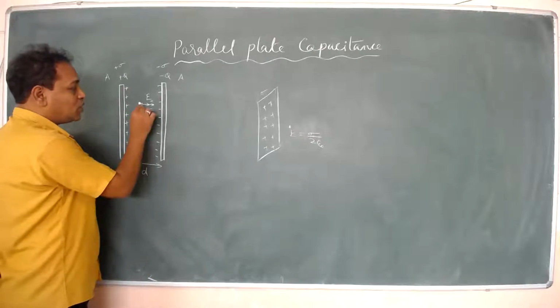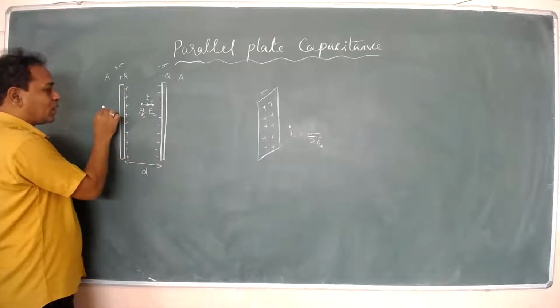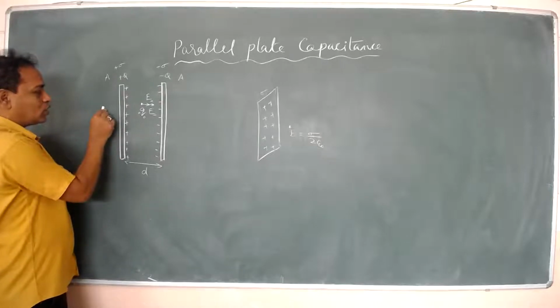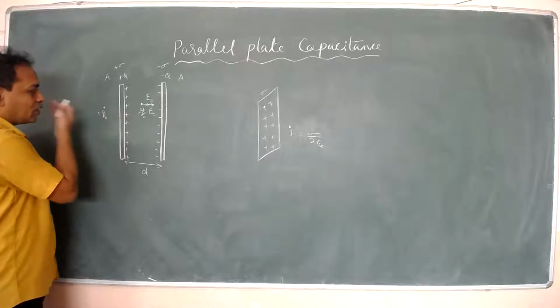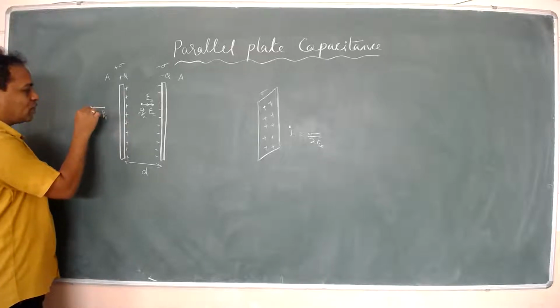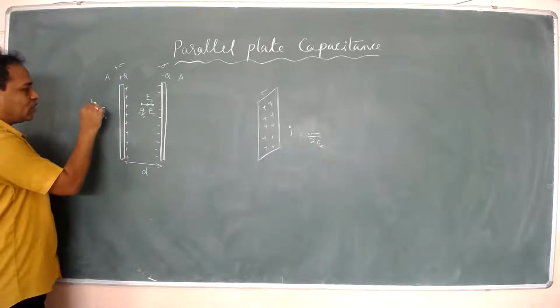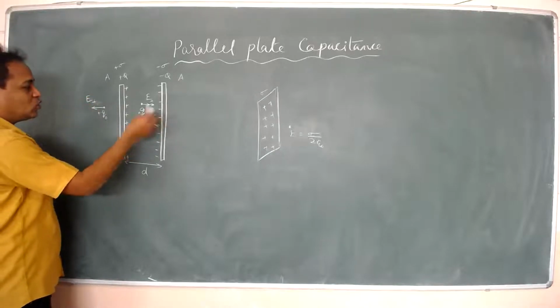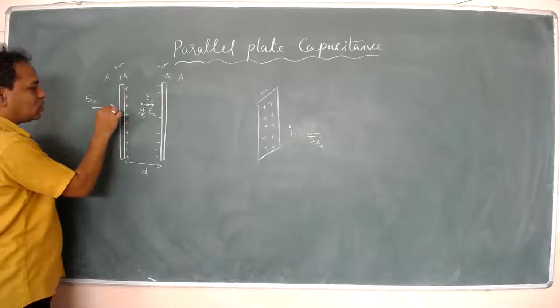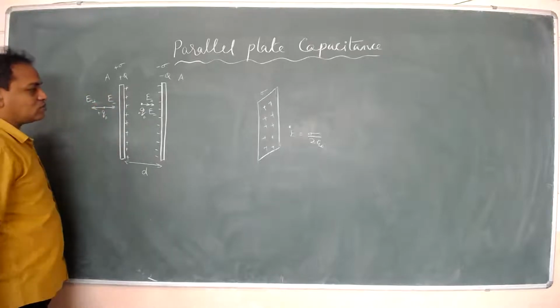Now similarly, if I talk about outside the parallel plates, consider a unit positive test charge here. The positive plate will repel it, so the electric field at this point will be in this direction, that is E plus, and the negative plate will attract it, so E minus will be in this direction.